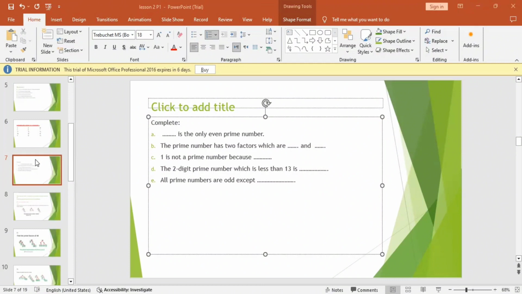The prime numbers less than 13 are 2, 3, 5, 7, 11. Which one has only 2 digits? It's 11. Number E, all prime numbers are odd except, yes, 2.